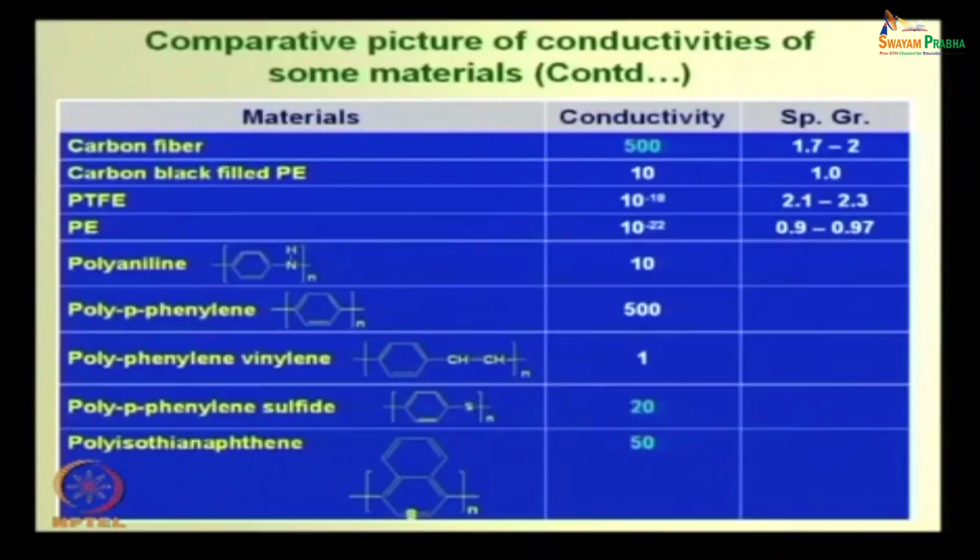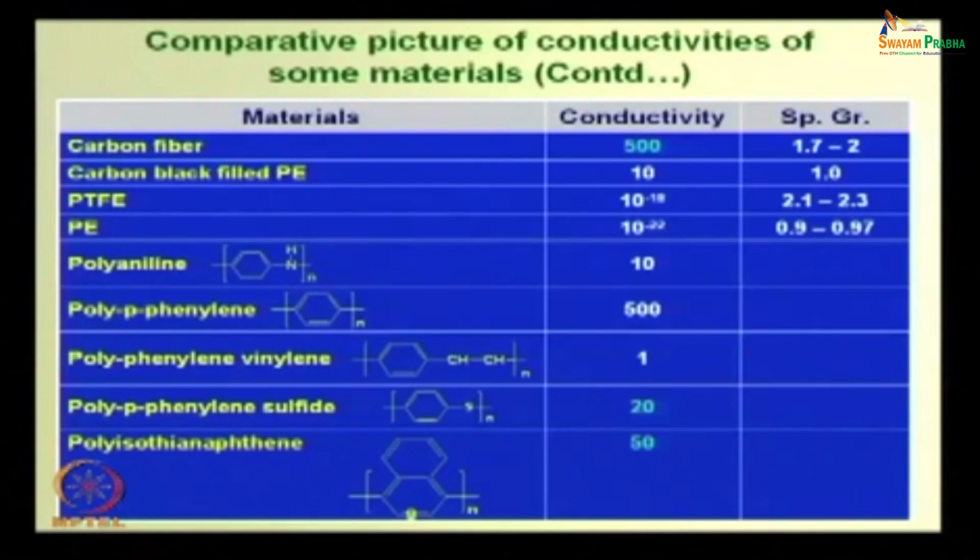Polyaniline is a very good conducting polymer, but polyacetylene is the best one till now known. You can increase the conductivity of polyaniline further from 10 Siemens per centimeter towards that of polyacetylene by using suitable dopant.